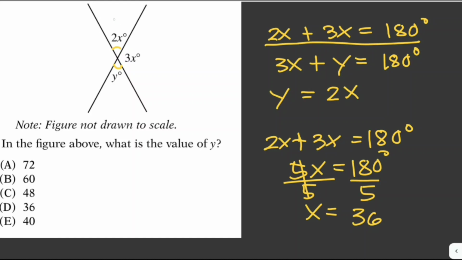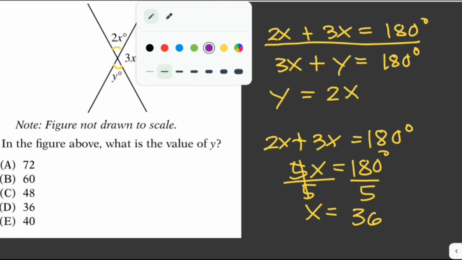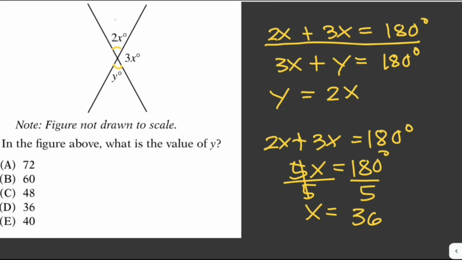Therefore, this angle here, 2x, is 2 times 36, and this is just equal to 72 degrees. Well, this one is 3 times 36. This is equal to 108 degrees. All right, there are two ways to solve for y here.